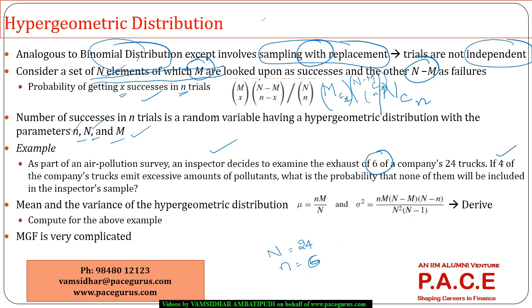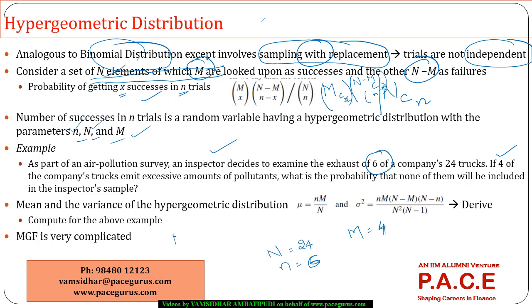If 4 of the company's trucks emit excessive amounts of pollutant, so out of 24, 4 of them are treated as successes, meaning they emit pollution. What is the probability that none of them will be included in the inspector's sample?